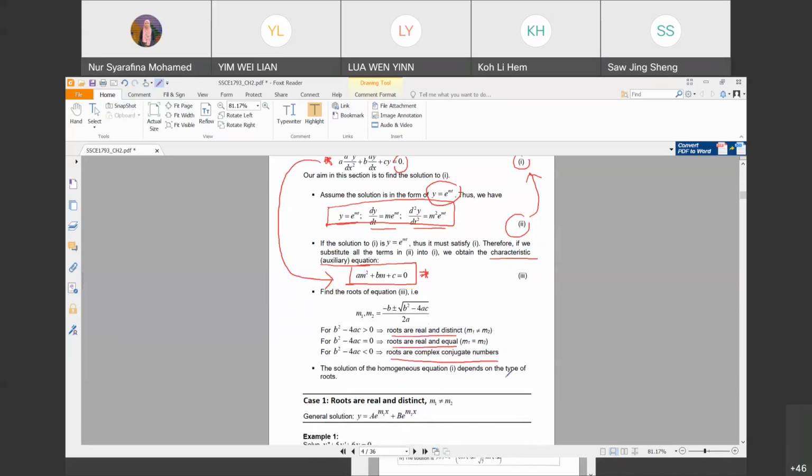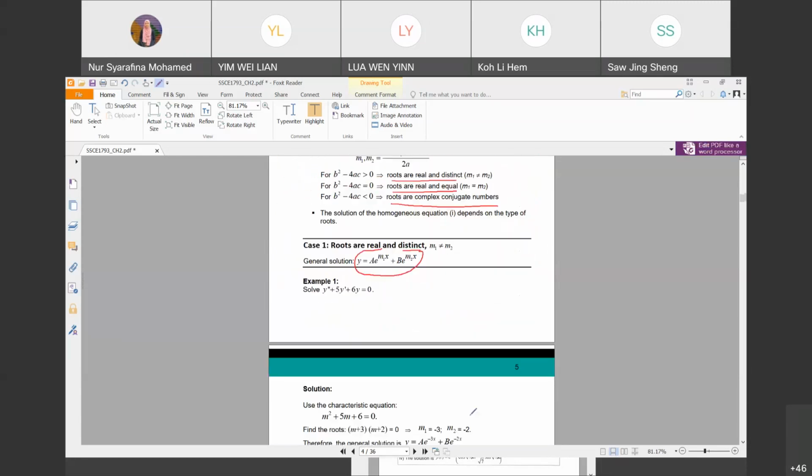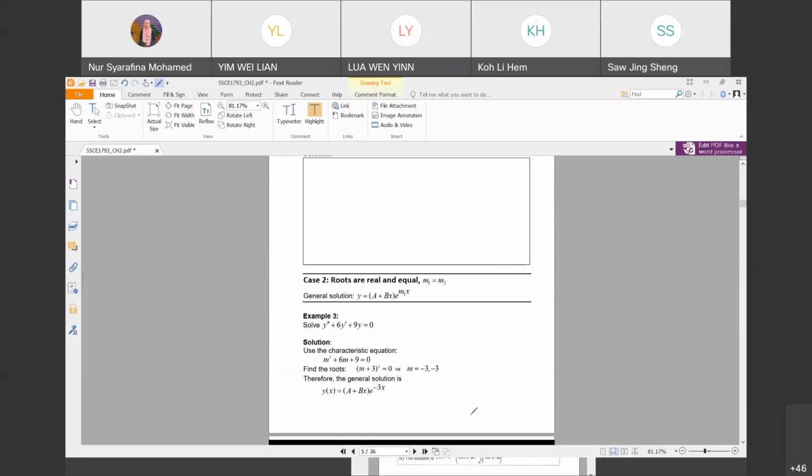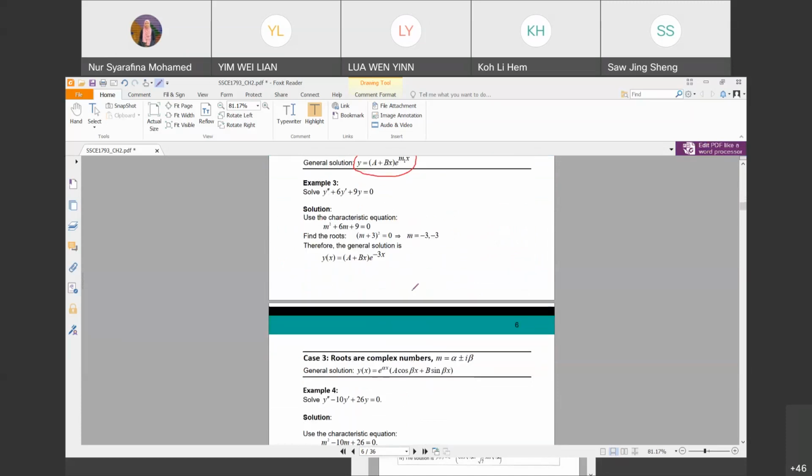First, if the roots are real and distinct, the general solution of the second order differential equation is given by this. If the roots are real and equal, the general solution is given by this. And if the roots are complex conjugate, the solution is given by this.